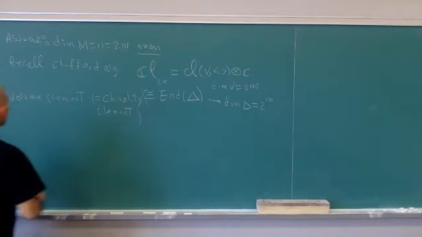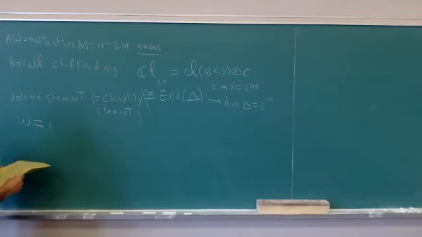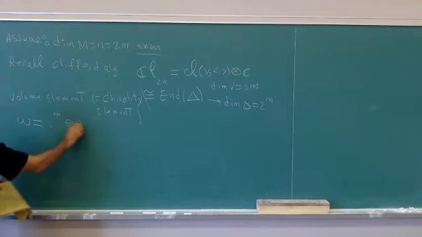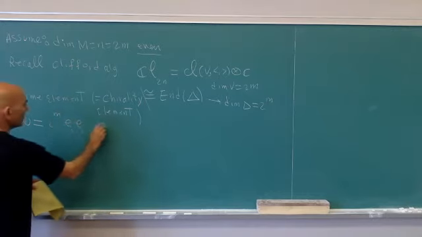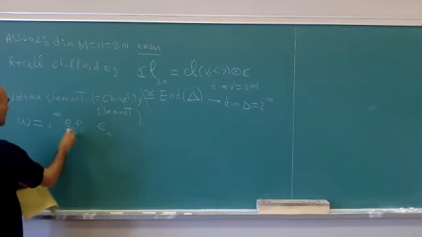It's defined like this: omega is the element i to the power m, e1, e2, up to en.